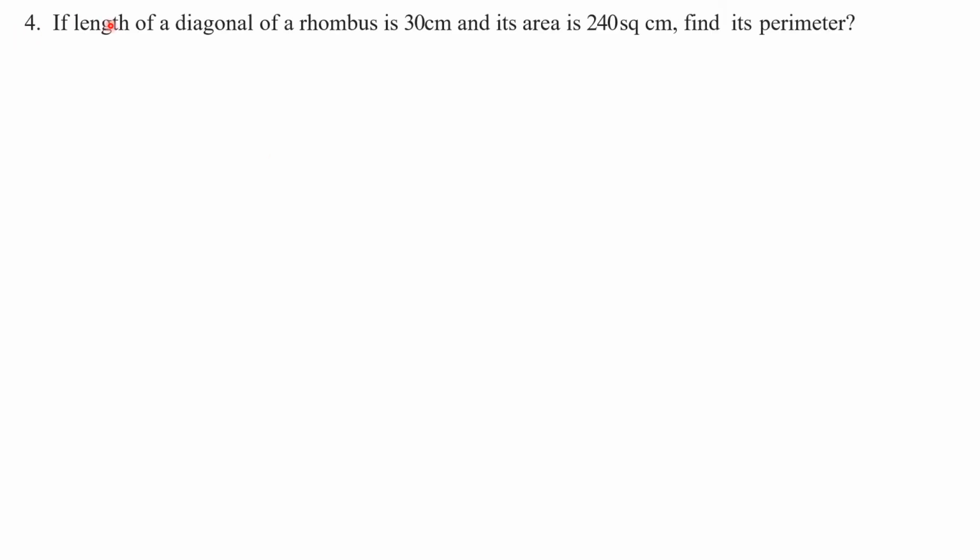Fourth example. If the length of a diagonal of a rhombus is 30 centimeter and its area is 240 square centimeter, find its perimeter. So here first find out the other diagonal, then find out the side, then perimeter. Solution.